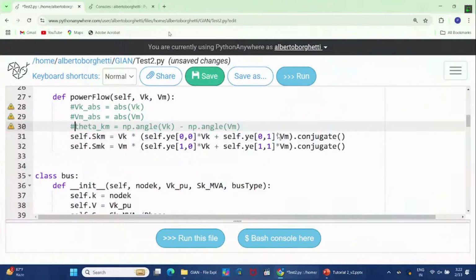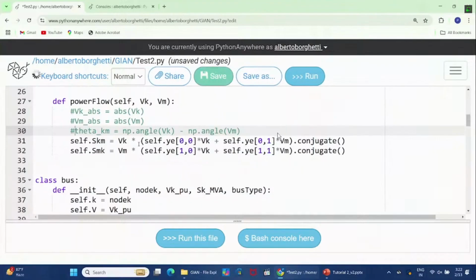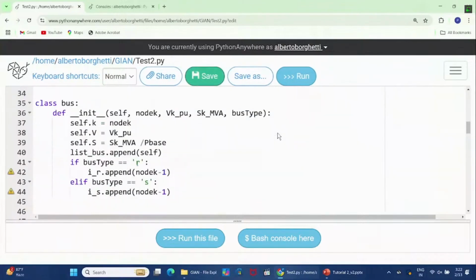So, okay. And then in the buses, instead of defining the buses R and S, we can say if the bus type is PQ, put it in a list. If it is PV, it goes in another list.